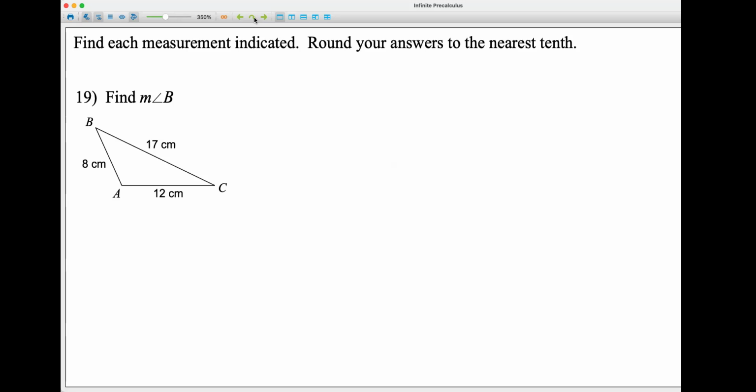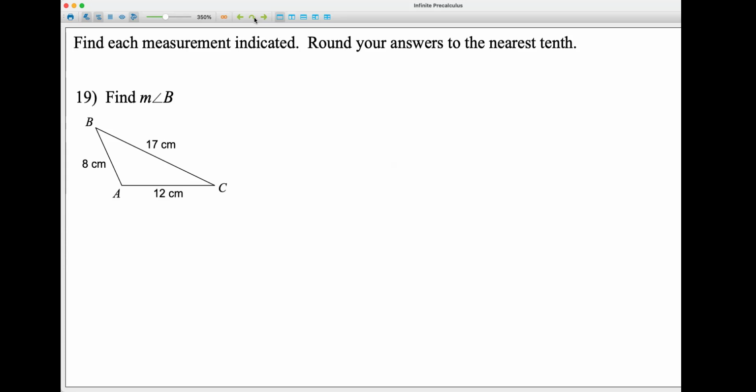So we start off with, remember the formula goes b squared, so 12 squared is equal to the other two sides, the sum of their squares. So that would be 8 and 17. So 8 squared plus 17 squared minus 2 times those two numbers again, 8 and 17.